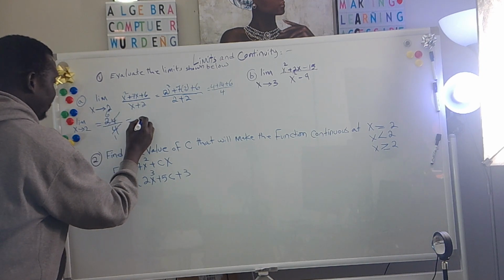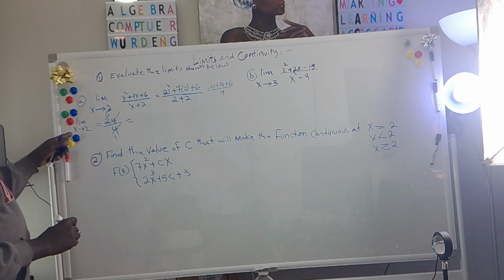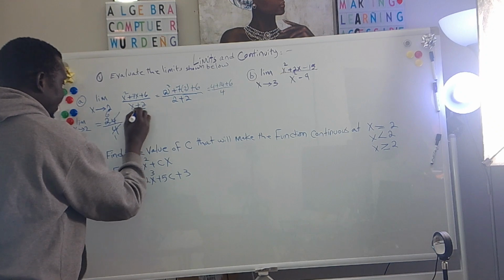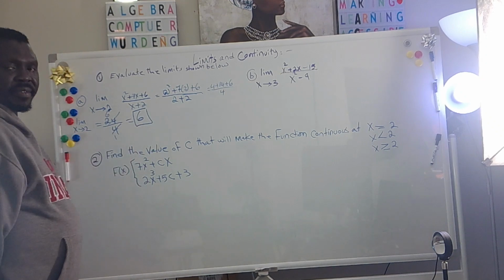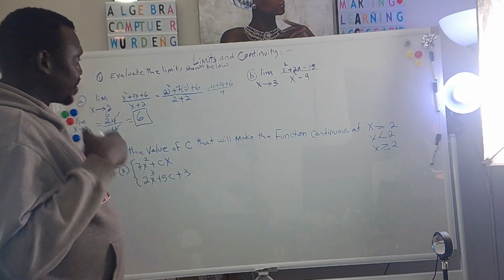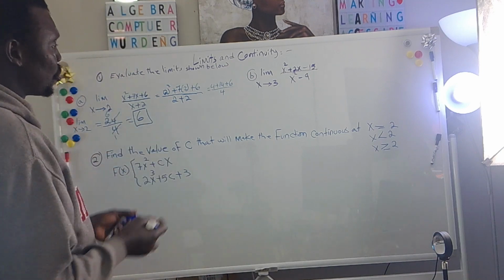So the limit as x approaches 2 gives me 6. That is the answer there, and you get the number. Just easy, plug in the number and go straight.